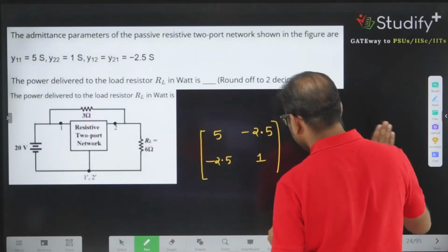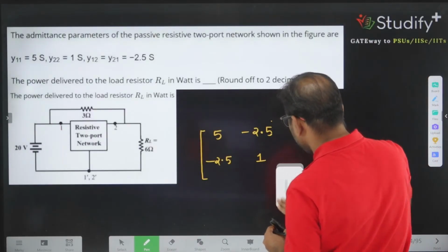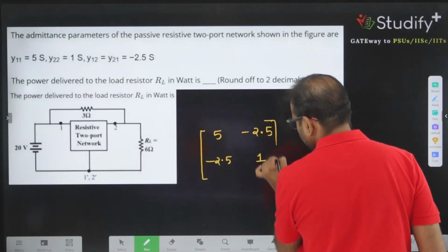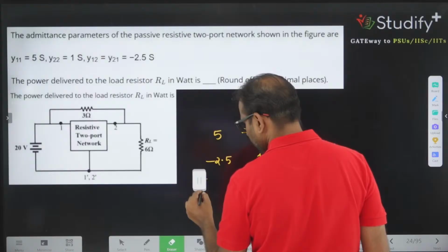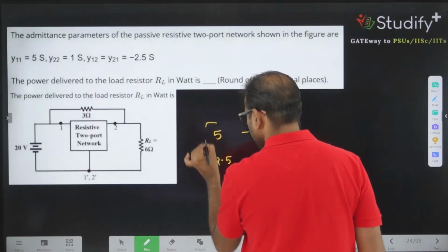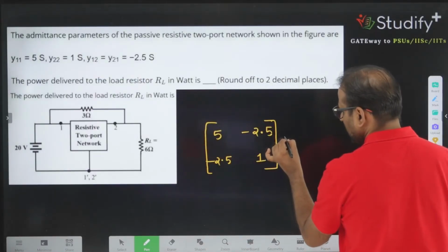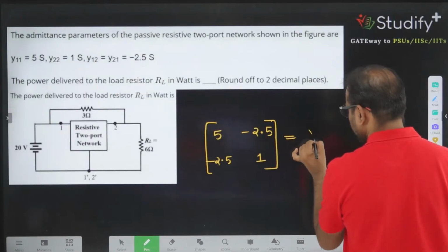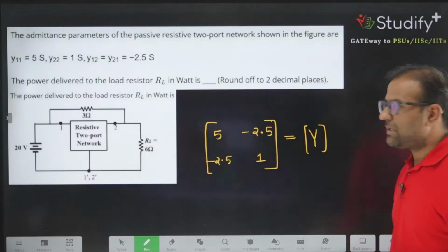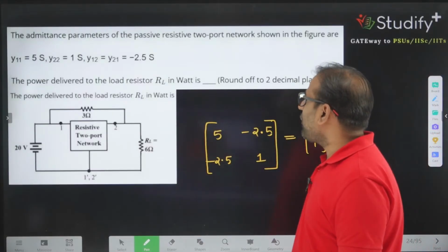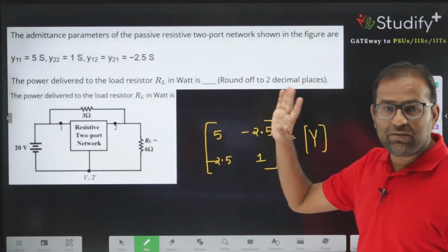This parameter is the Y parameter. What else is given? The admittance parameters of a passive resistive network. A resistive network is given.